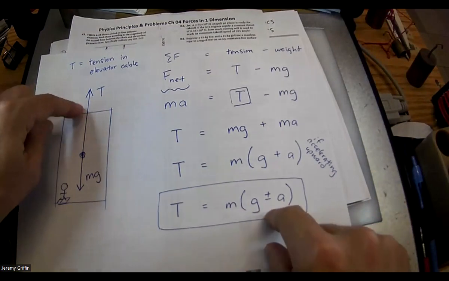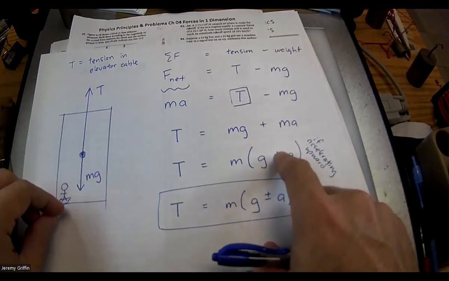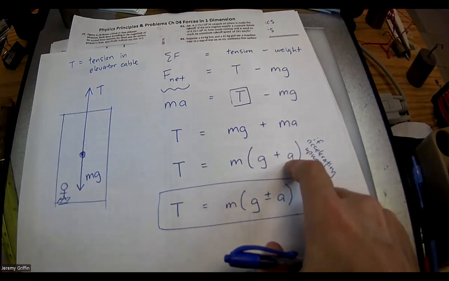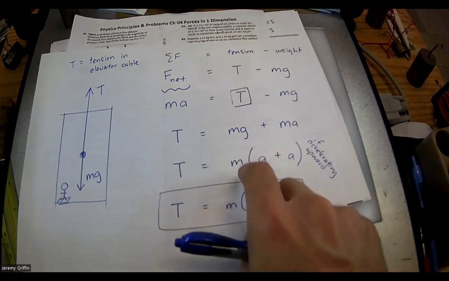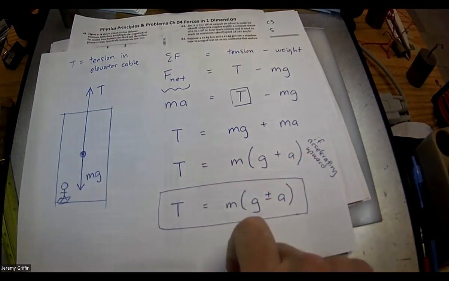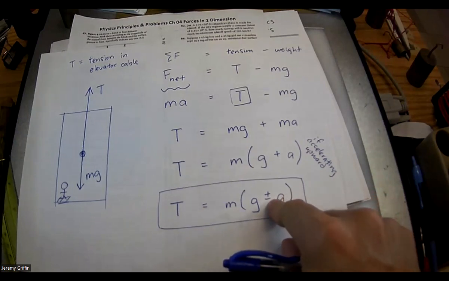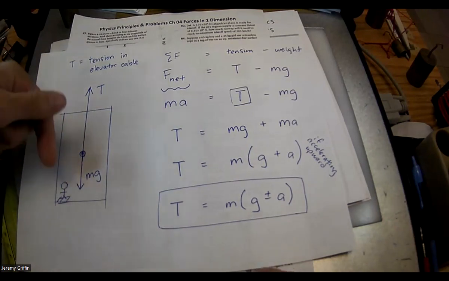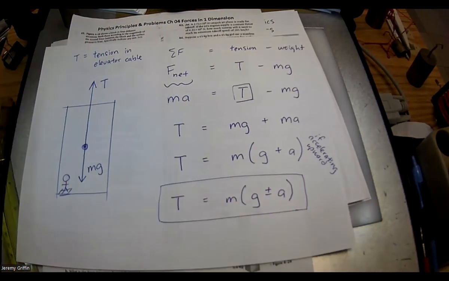If the elevator is accelerating up, you add that acceleration to G. For example, if it's accelerating up at 3 meters per second squared, you do 10 plus 3, and then multiply by the mass of the elevator to get the tension in the elevator cable. But the one I boxed in down here could also handle the elevator accelerating downward, closer to free fall. If it's accelerating down at 3 meters per second squared, you do 10 minus 3, and then multiply by mass to get the tension, right? Which would be less than to hold it up.